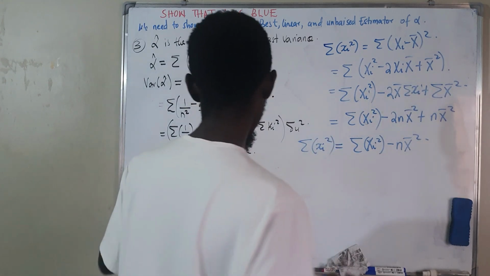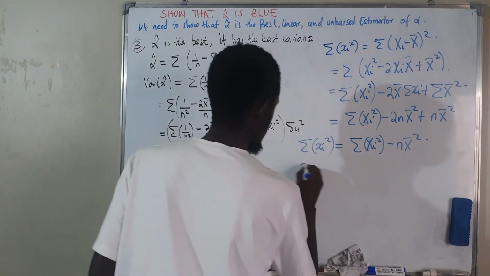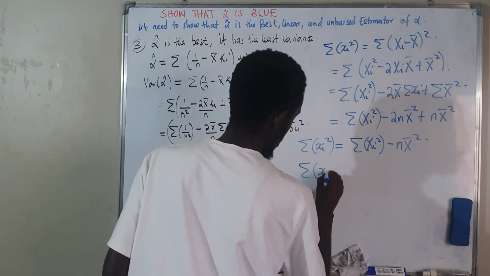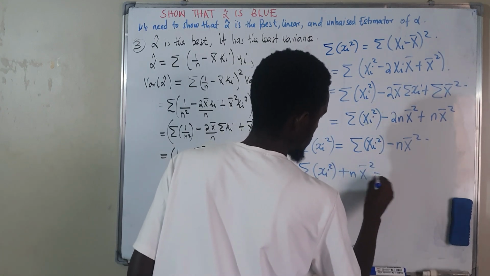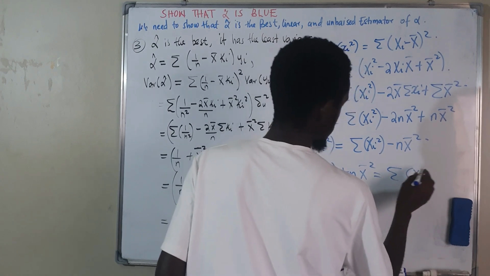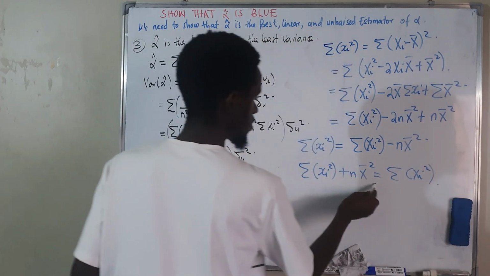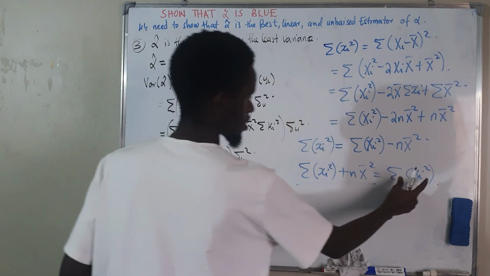Now to relate to our question, summation of small xi squared plus nx bar squared is the same as summation of capital Xi squared, and this is what we have here. Therefore, I can easily replace what we have here with simply this.